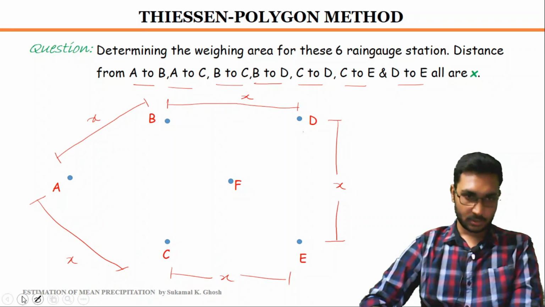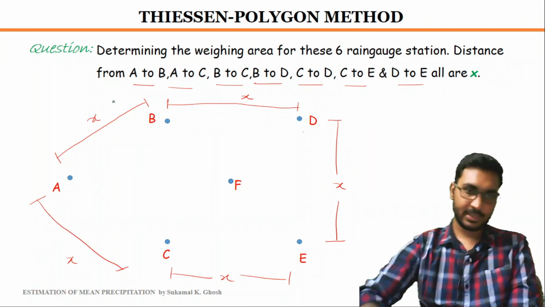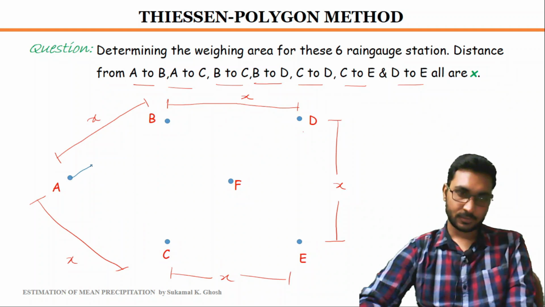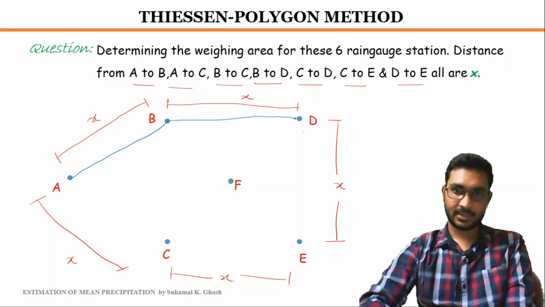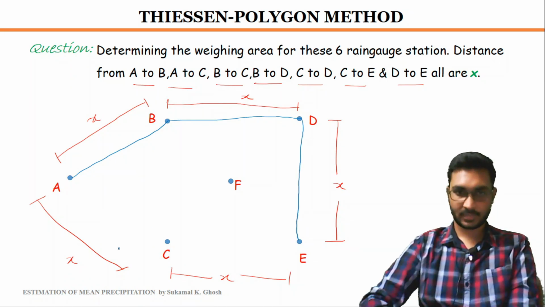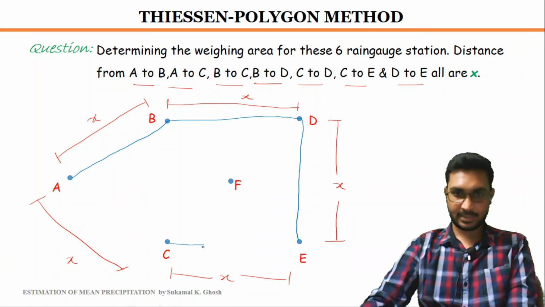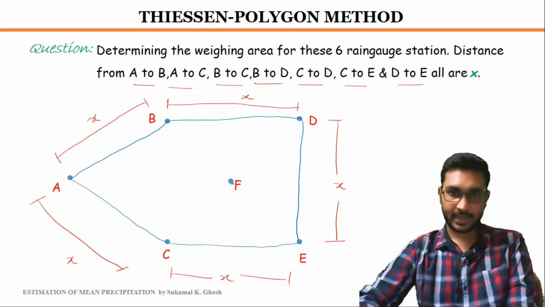So let's do our first step: first join A and B, then join A and D, then D and E, then C and E, then A and C. Now we join F and D.